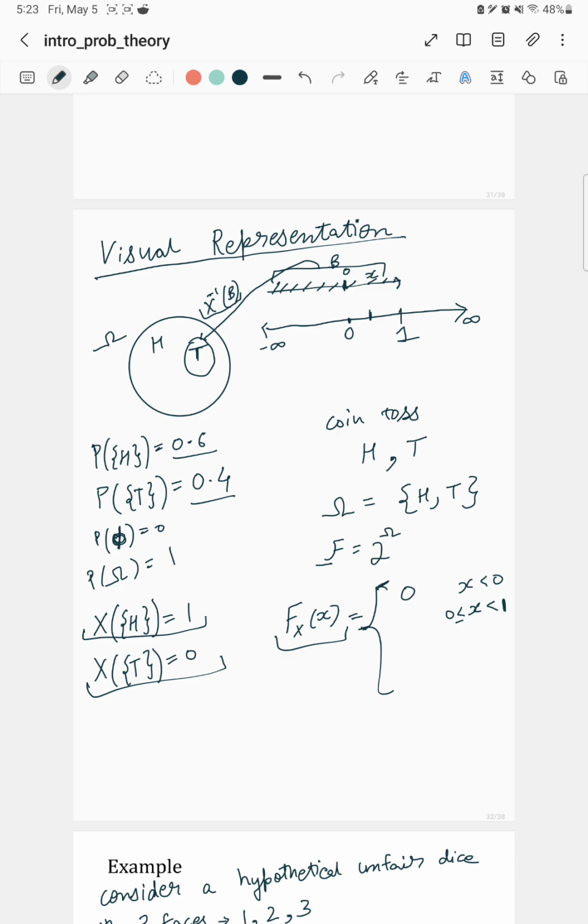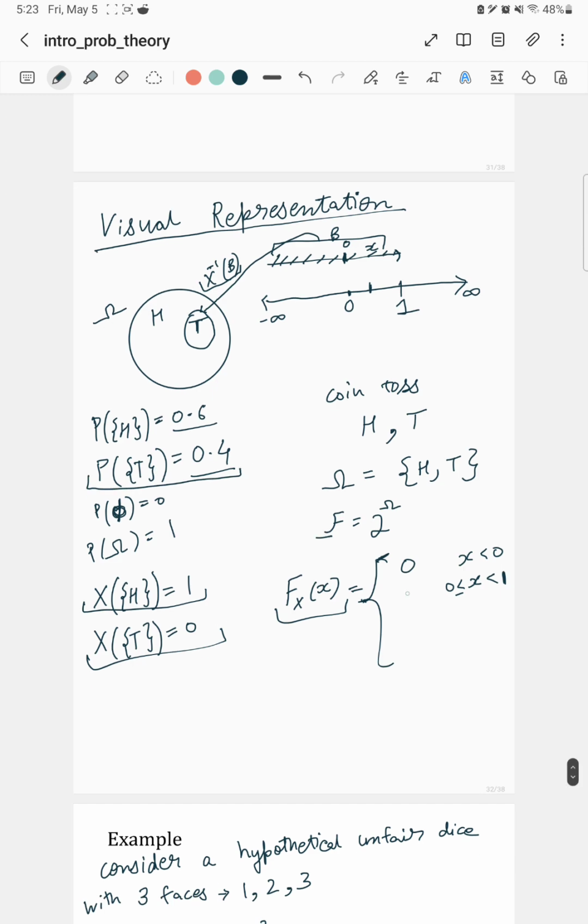And we know that the probability measure of getting tails is 0.4. So you can say that this value would be 0.4.